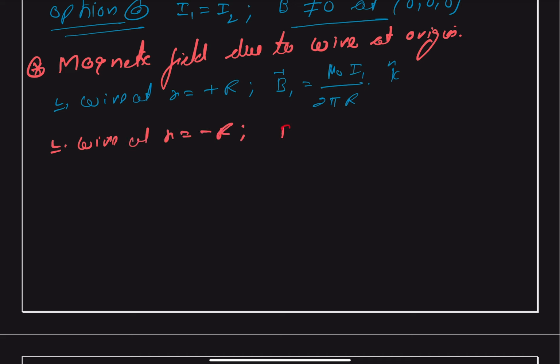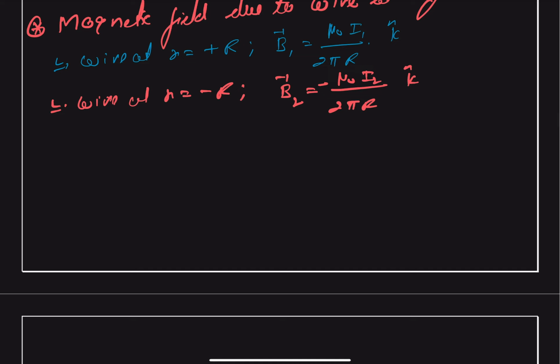Let us suppose the magnetic field is B2, then we can write mu naught I2 upon 2 pi r, and k unit vector, but the direction will be opposite, so this will be minus k.